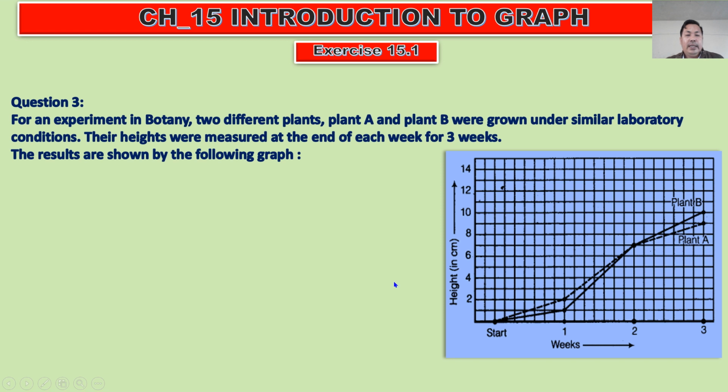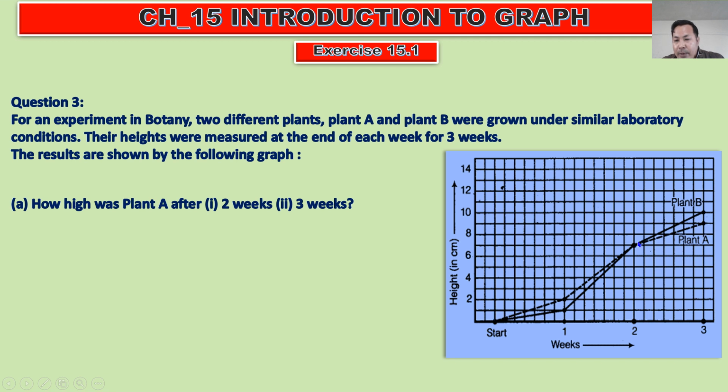So what is the question? Let us see. The question here is, how high was plant A after 2 weeks and 3 weeks? You can see here plant A. The graph of plant A is given by the dotted line here, and the growth of plant B is given by this distinct line here, isn't it? Two lines are here.